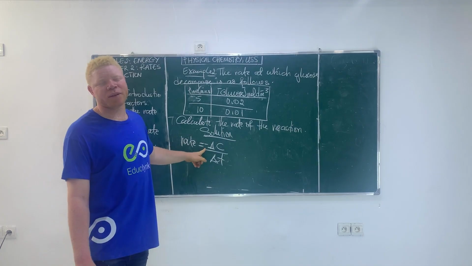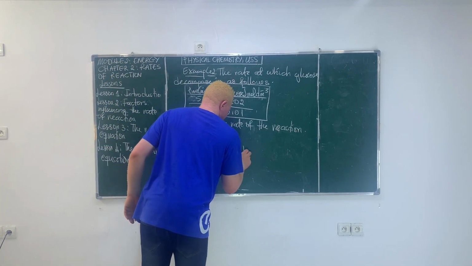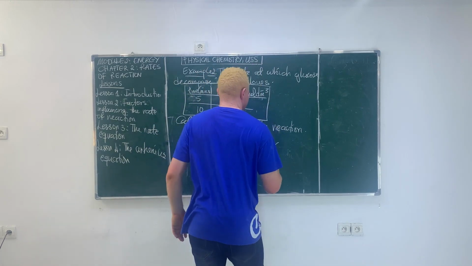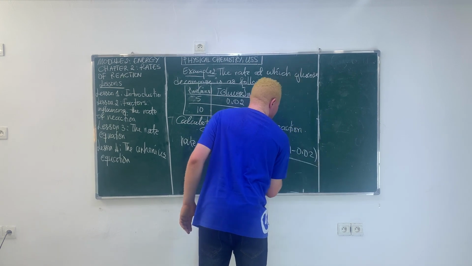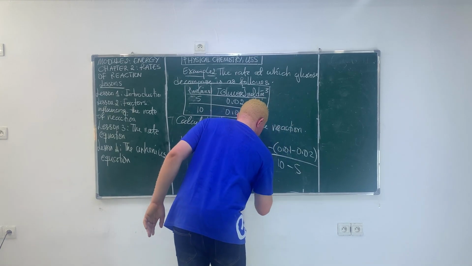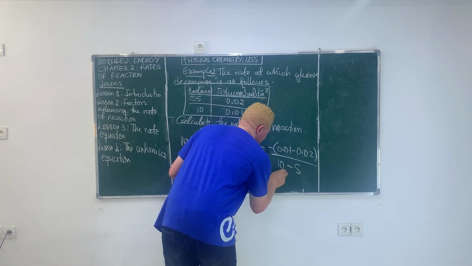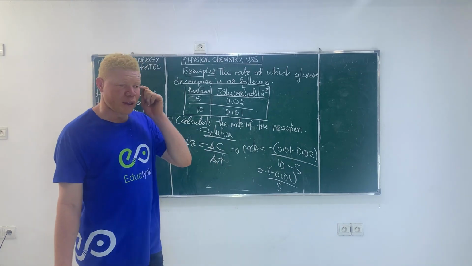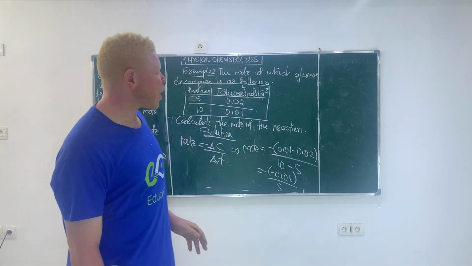So the rate equals negative times (0.01 minus 0.02) over (10 minus 5). So we have negative times negative 0.01 over 5.